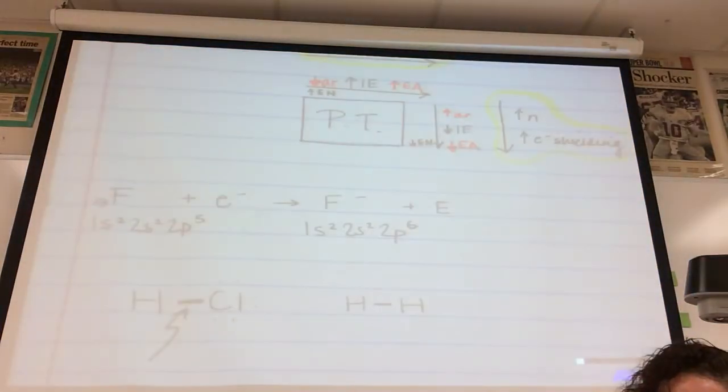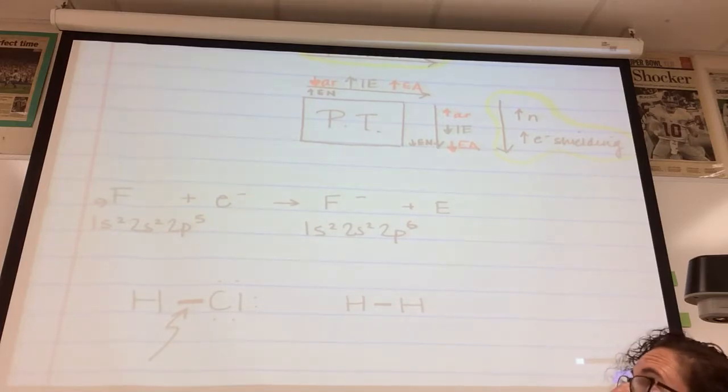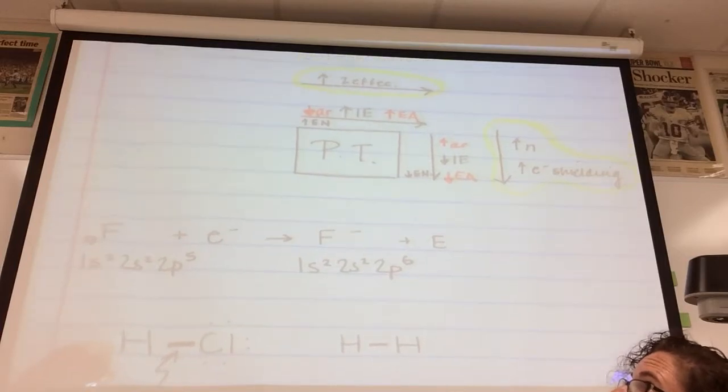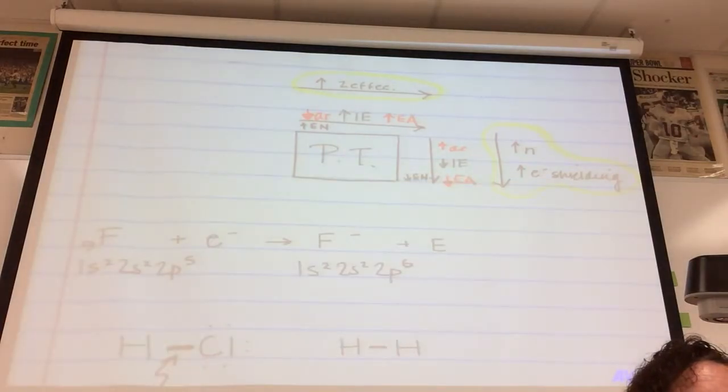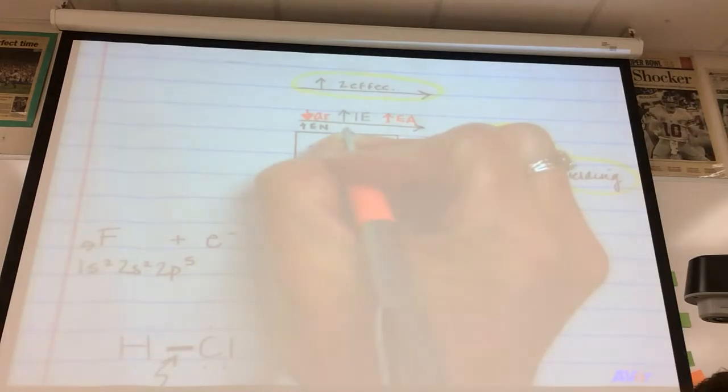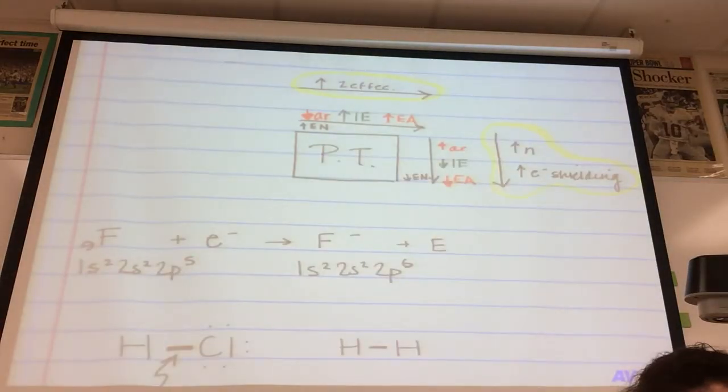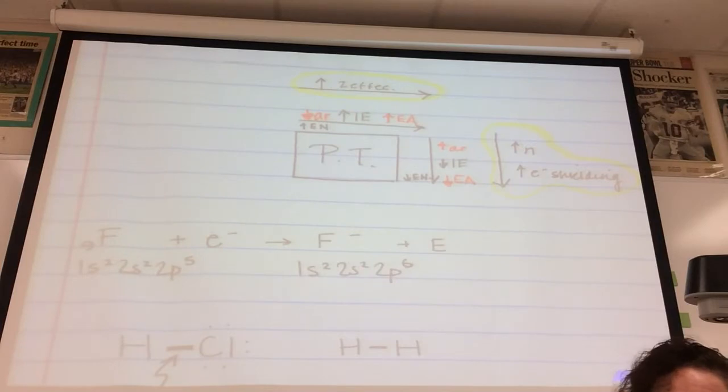So let's just take a minute to throw that property onto our table as well, so we've got it. There is a question in your classwork on reactivity, and again, follow the trend. So for example, as you go across the periodic table, what happens with metallic reactivity? It decreases. So your metallic reactivity, I need another pen.